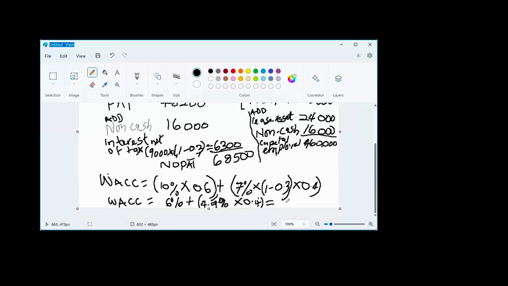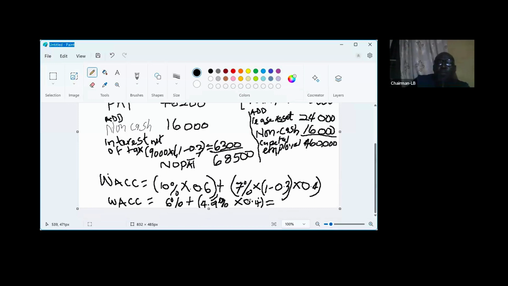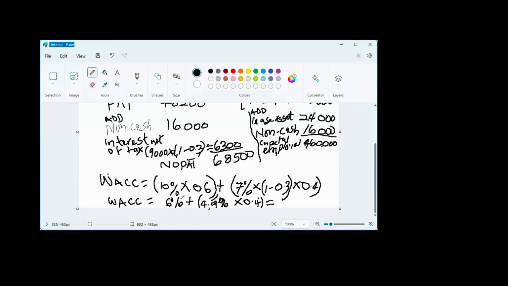What you need to do is 4.9 multiplied by 0.4. You are going to get a figure. The figure you have plus 6.